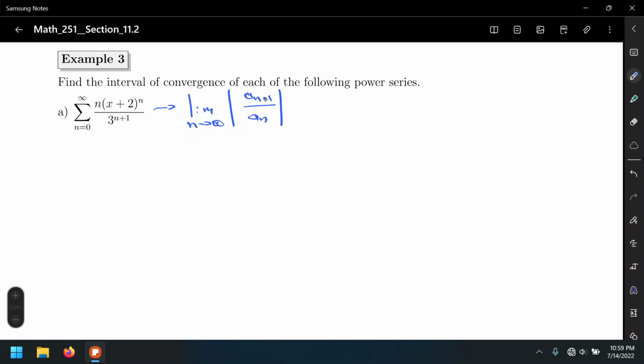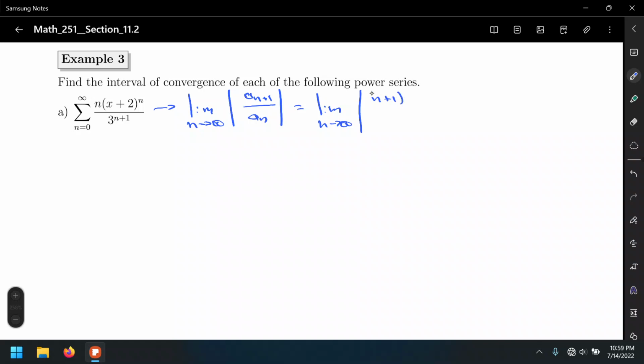Where a sub n plus 1 is all this expression right here, replacing n with n plus 1 everywhere.